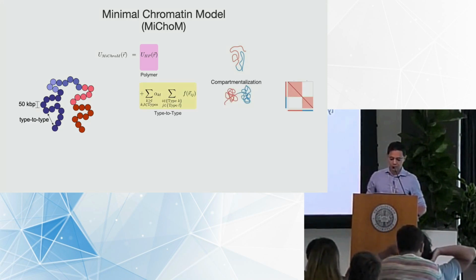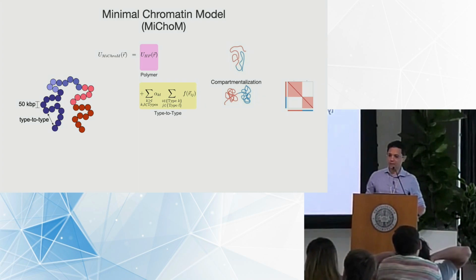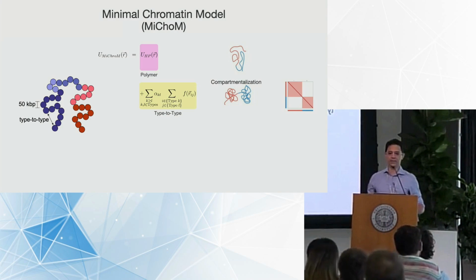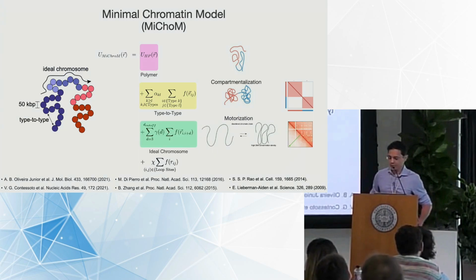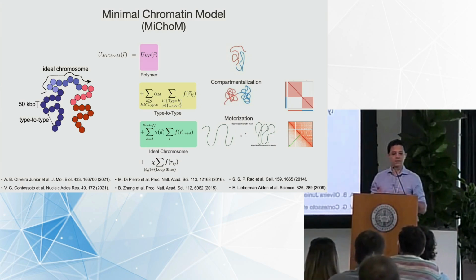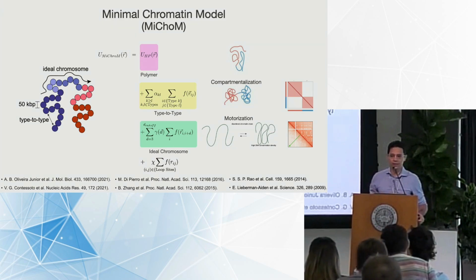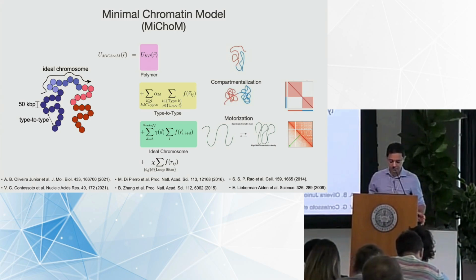The second is the type-to-type term, which takes into account the compartmentalization, the interactions between the different types of beads. And the third term, which was also explained during the talk, is the ideal chromosome. This is a lengthwise compaction term, which is the protein-driven loop extrusion.